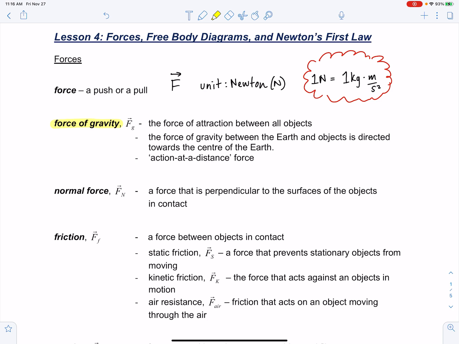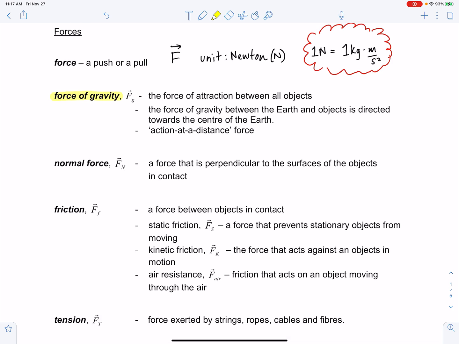So even though you might be a little bit far away from the surface of the Earth, you'll still feel the effects of gravity. If you are significantly far away from the Earth, then you will no longer feel it. But we call it action at a distance force because the force can still be felt even at a small distance away from the object.